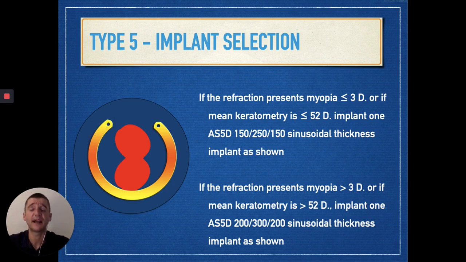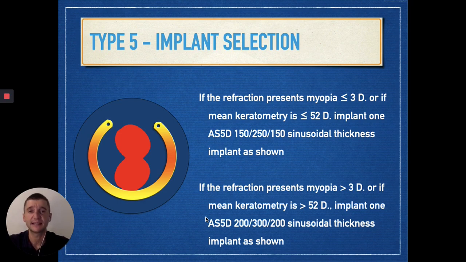But for the type 5, we do have a special segment, the so-called sinusoidal arc segment. It's thicker on the sides, not on the bottom part, in order to also flatten the cornea in a greater manner, but keep the potential to correct the astigmatism, the topographic astigmatism.